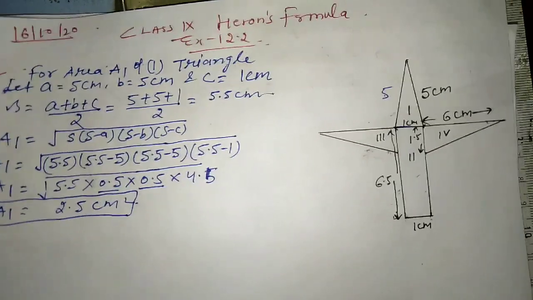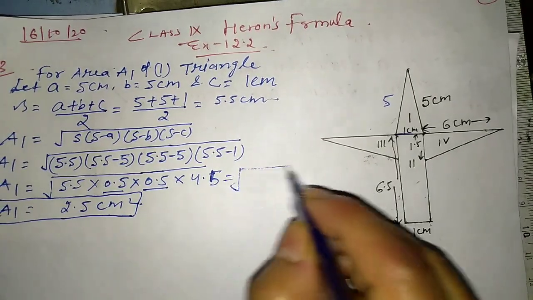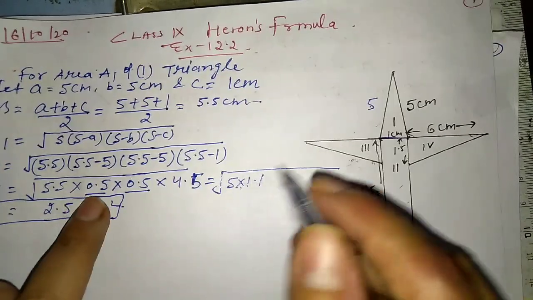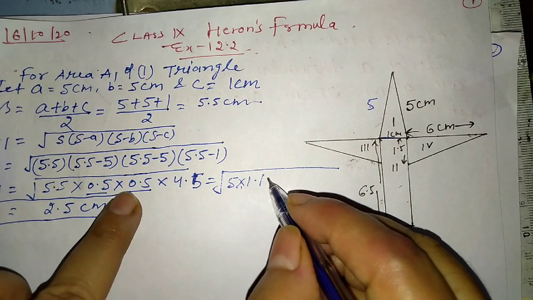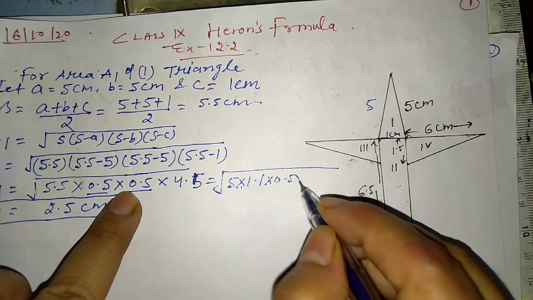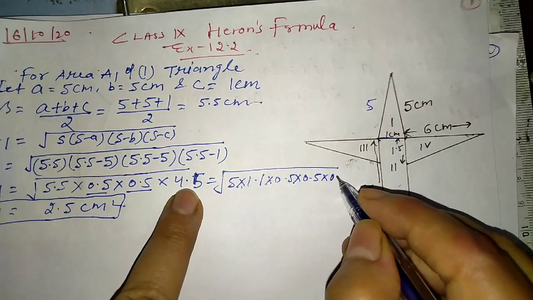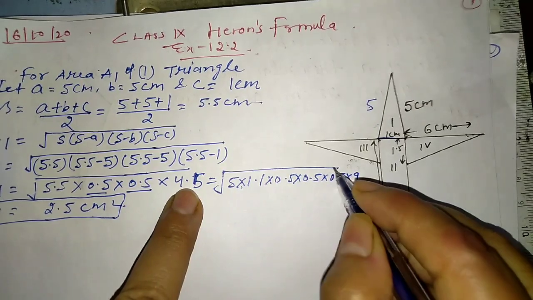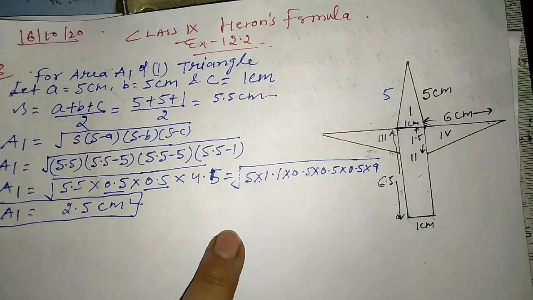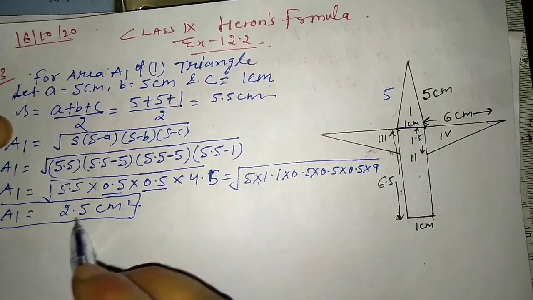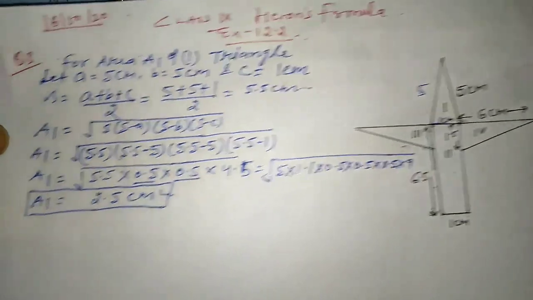We can write 5 into 1.1, here is 0.5, 0.5, and here we can take 0.5 into 9. So we can solve it here, and we have 2.5 centimeter square.